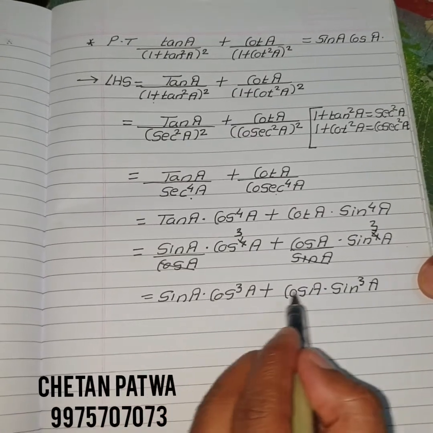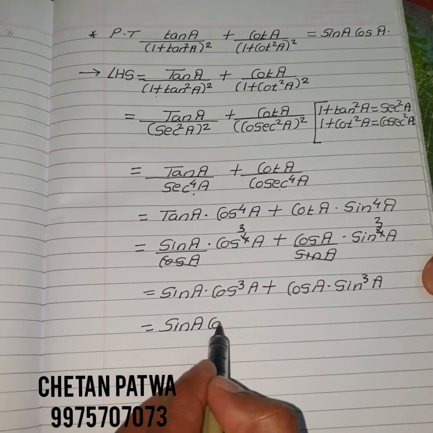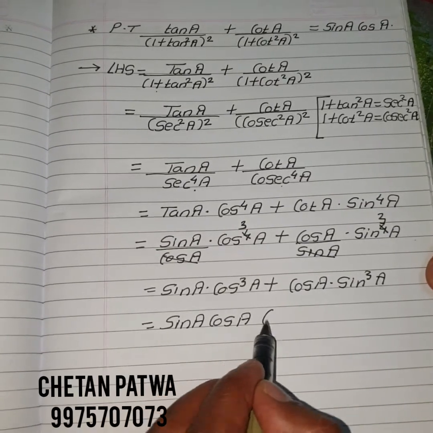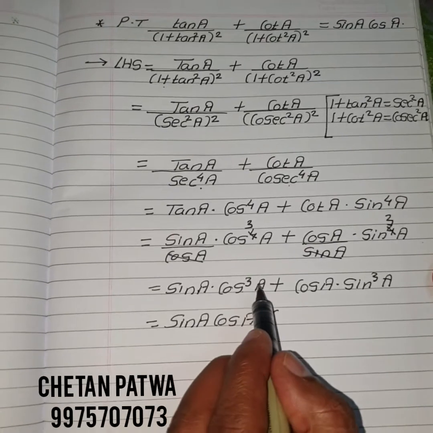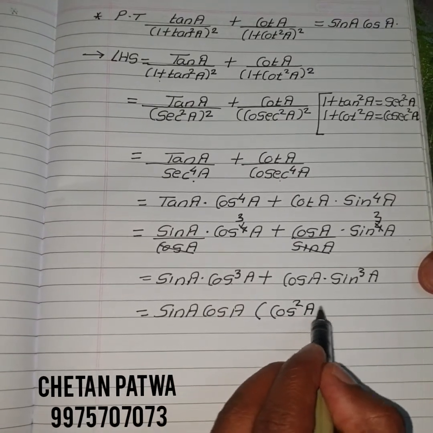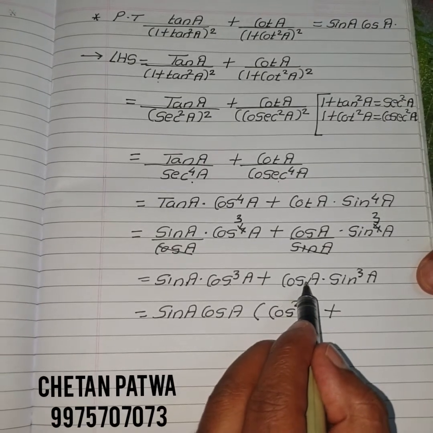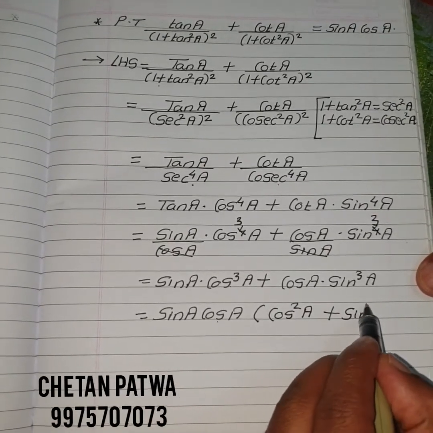Now if you observe these two terms carefully, we can take sin a cos a common. Now here we are having sin a, which we have already taken out. We are having cos cube a, one cos a outside. So what is remaining? Cos square a plus, one cos a, already we have taken it outside. Sin cube, one sin is outside. So what will remain?